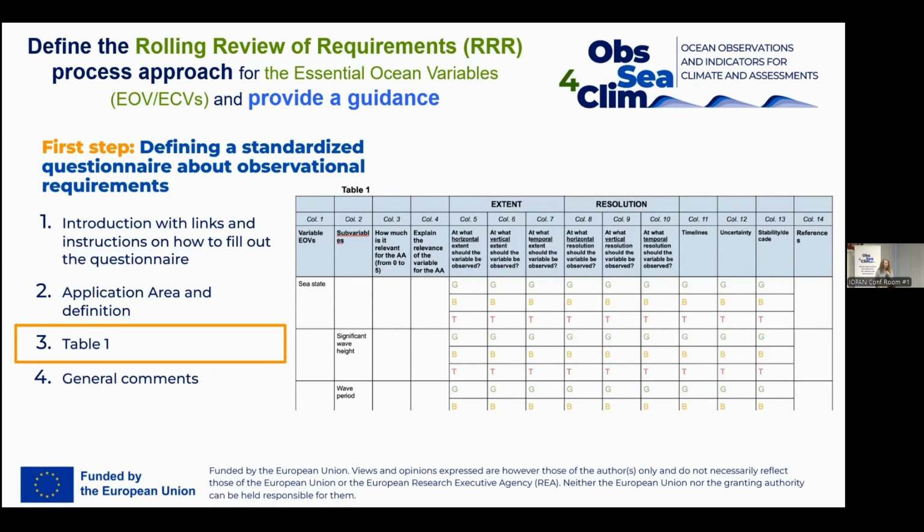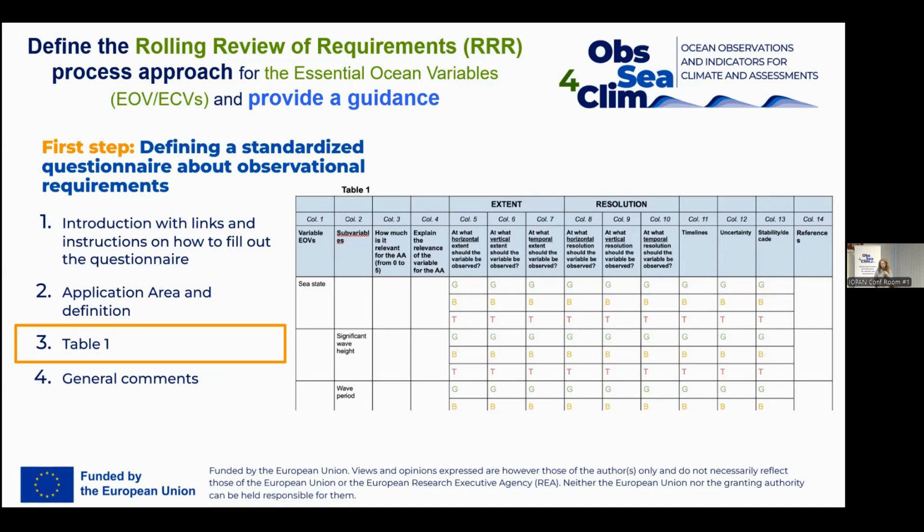If it's not, they can put 0 and go on. If it's important for the application, they can say why. And then there is the part about the requirements: the extent, horizontal, vertical, and temporal. They have to fill it in, putting 3 values for each one: the goal, the breakthrough, and the threshold, the ones Sabrina was explaining before.